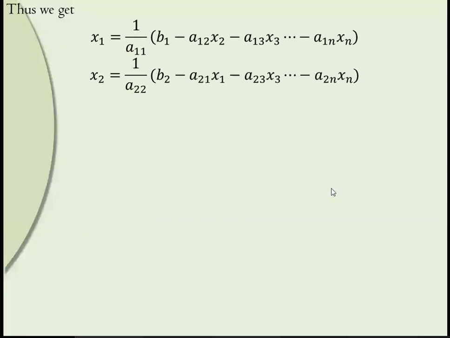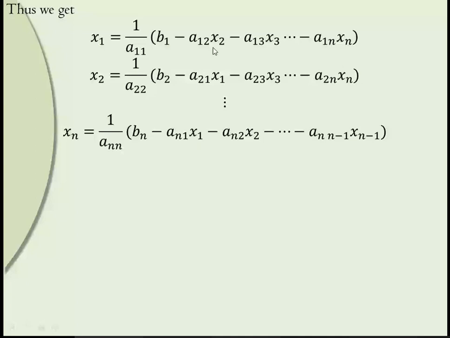So we get x1 equal to, taking all the terms on the other side, dividing by a11. x2 will be from the second equation, taking all the terms on one side, dividing by a22, and xn will be from the last equation, taking all the terms on one side, dividing by ann. No separate formulas are required. We are just making use of the given equations in the problem.